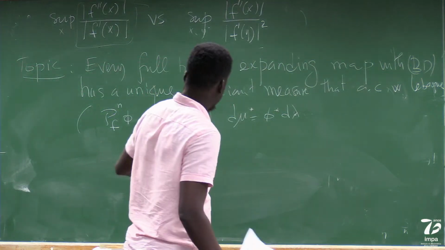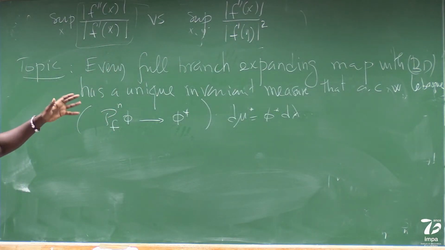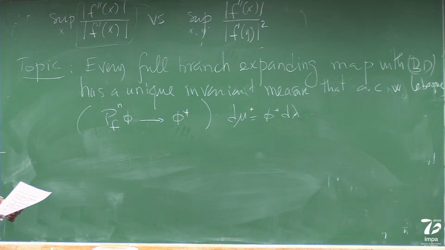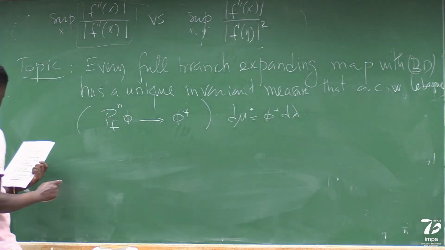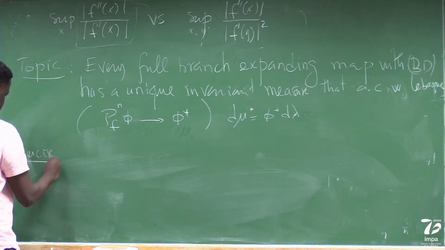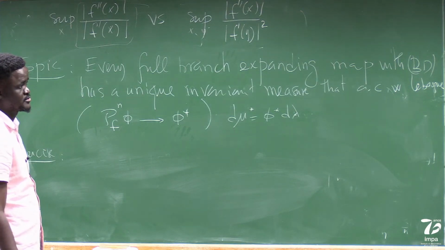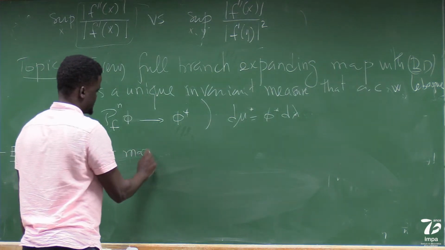To read about this, a good reference is the book I mentioned last time, Fractals, Chaos, and Noise by Lasota and Mackey. One exercise is to show that the Gauss map has bounded distortion. It's easy to check.